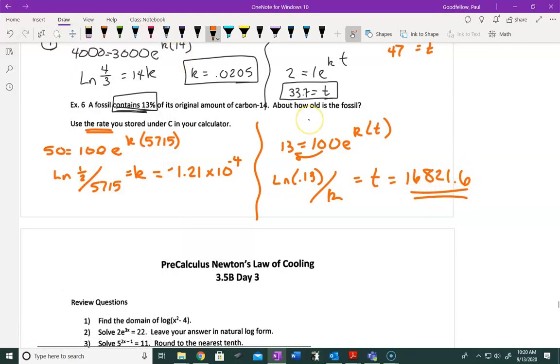Okay. Now, ultimately, what you do in dating that kind of stuff, if you're an archaeologist, you would take a very close look at what the percent is left in the sample, and in doing so, you would get a very accurate answer of how old that particular sample is.